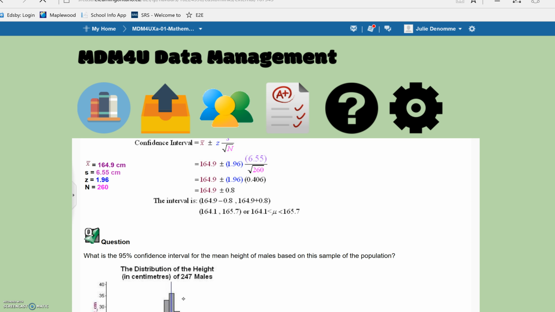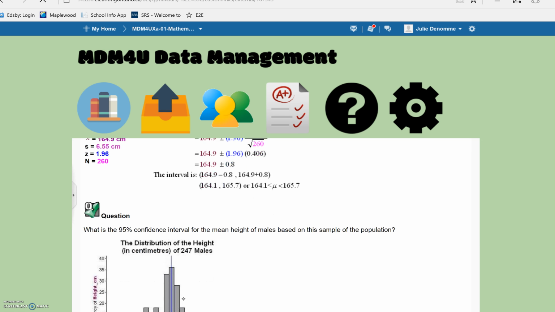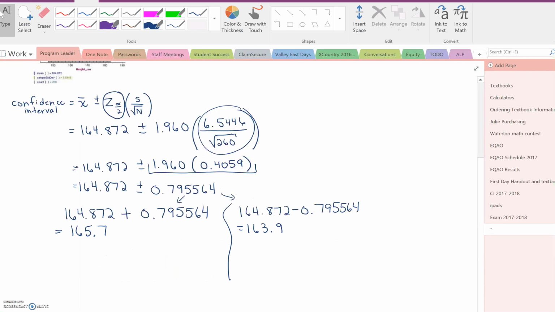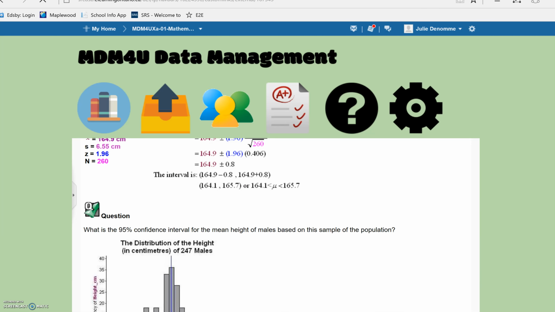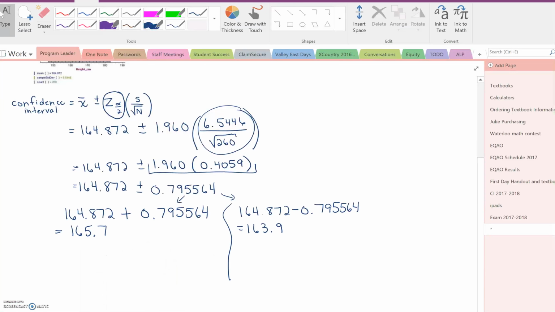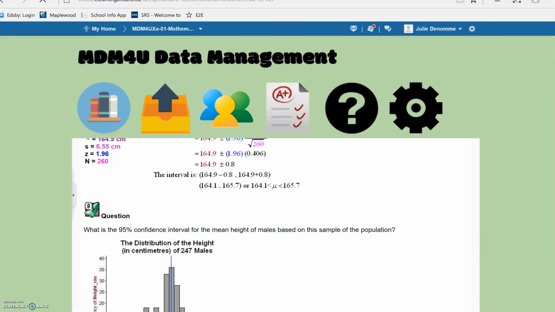Yeah, see how they rounded differently? Yeah. So they have slightly different values than us, but it's not a big deal. It's okay. So our answers are good based on what we did, 165.7 and 163.9. It's just their rounding with the 0.8 makes it a little bit off.